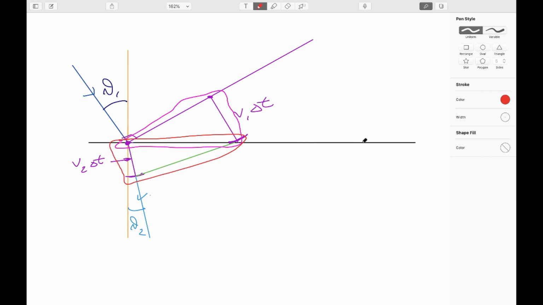Now these are not similar triangles. However, if you go and take a look at this, you should be able to convince yourself that this angle here is also theta 1, and that this angle right here is also theta 2. Now the thing that the two triangles have in common is this shared hypotenuse right here.